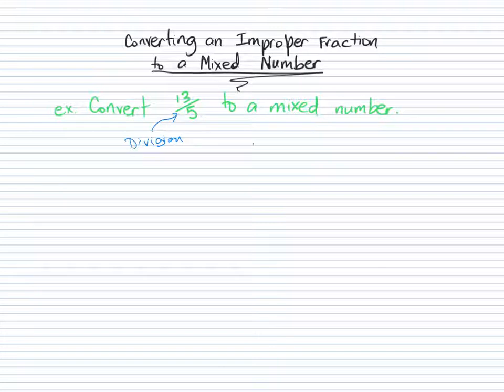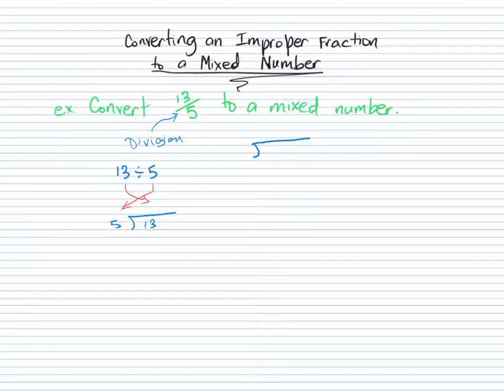So we set up a long division here to divide 13 by 5. Remember that when we're dividing 13 by 5, we crisscross how the numbers go in the division. So the 13 would go over here, the 5 goes over here.